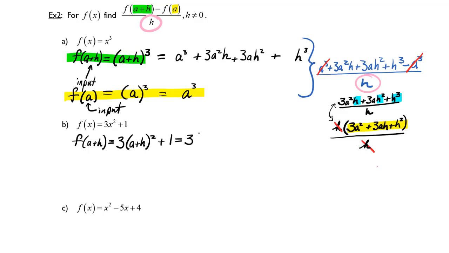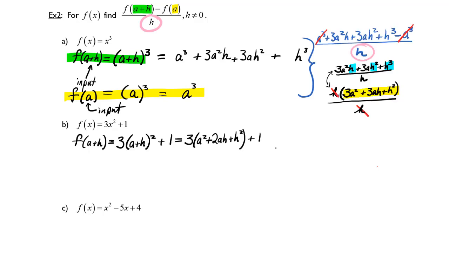Simplifying will give me 3 times a squared plus 2ah plus h squared plus 1. Rewriting, distributing the 3 through will give me 3a squared plus 6ah plus 3h squared plus 1.